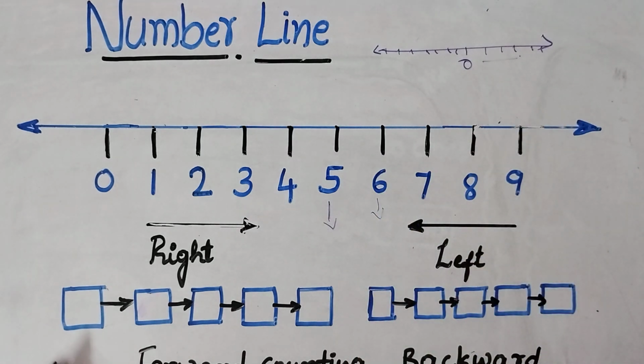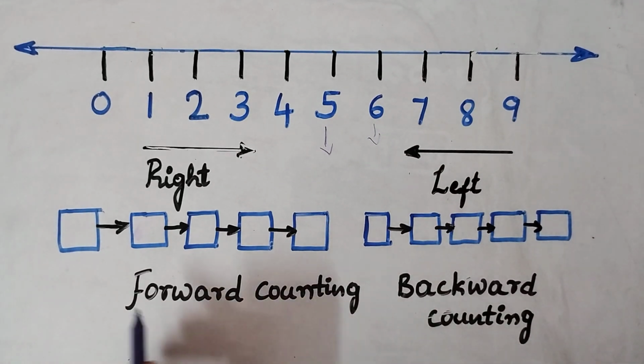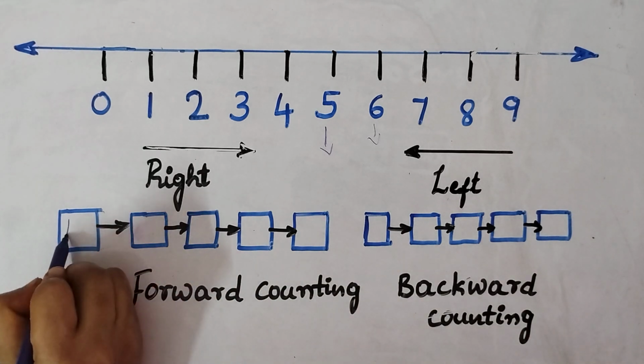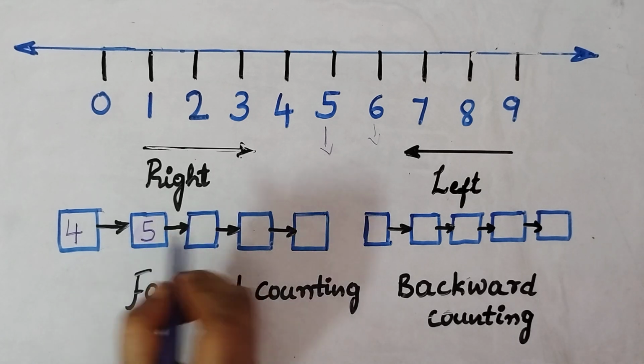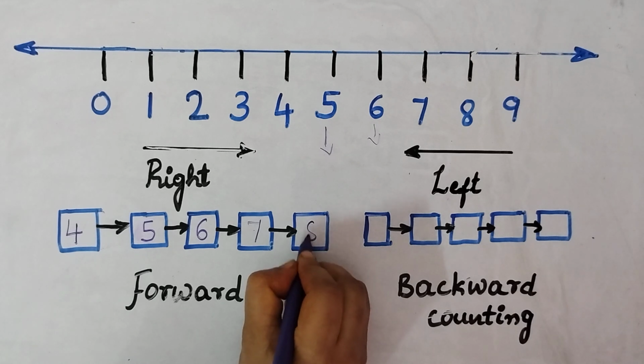Look here children, I draw here the boxes. Okay, so here for example I wrote 4, 5, 6, 7, 8.